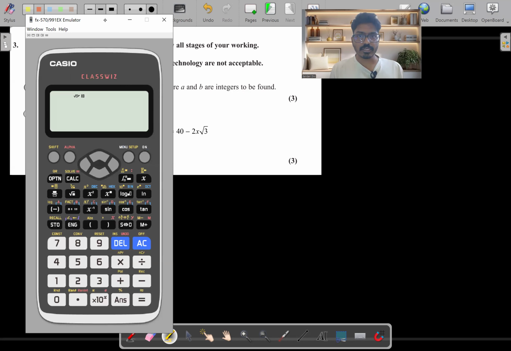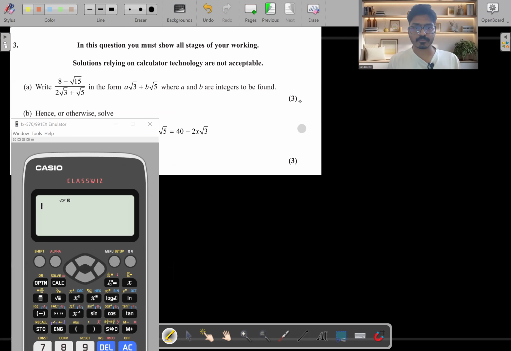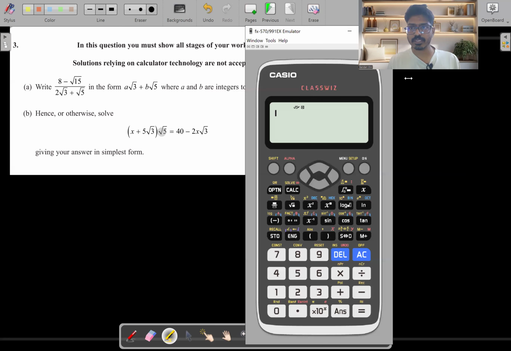Yes, so here let's type it down in the calculator. So what's our question? Let me type it down here. First you can type 8 minus square root of 15, and then divided by 2 root 3 plus root 5.